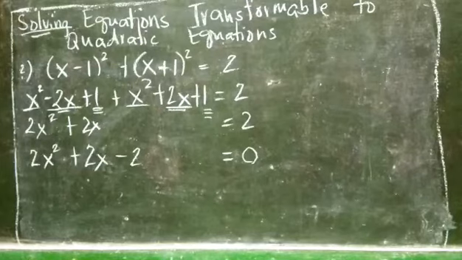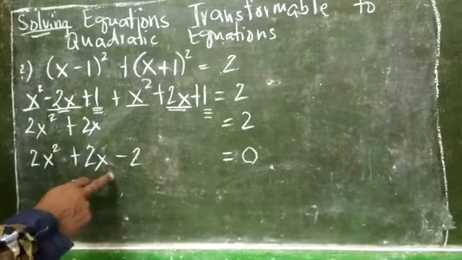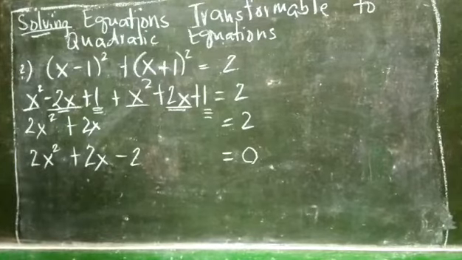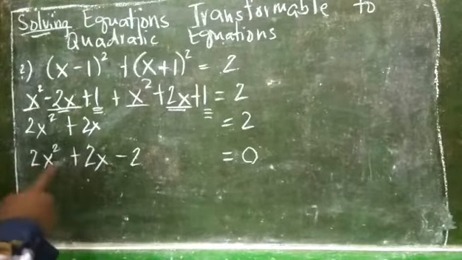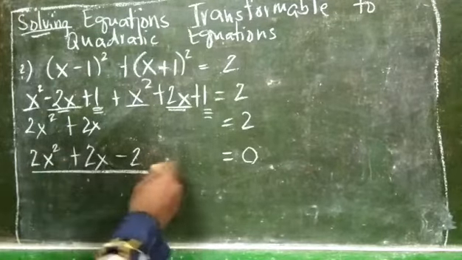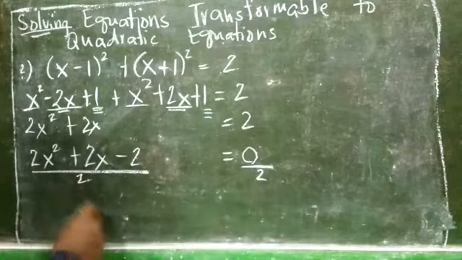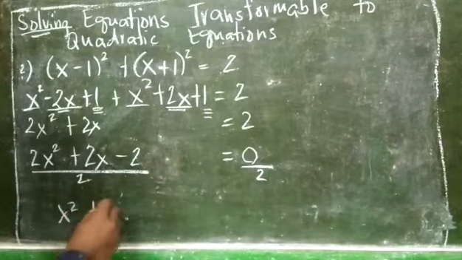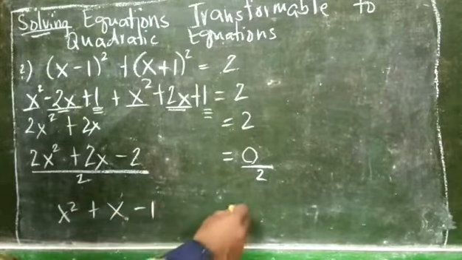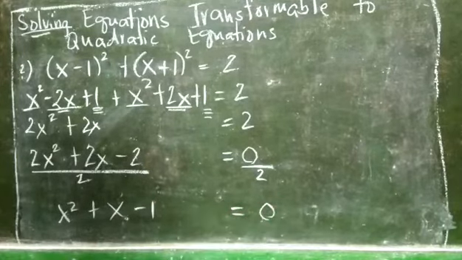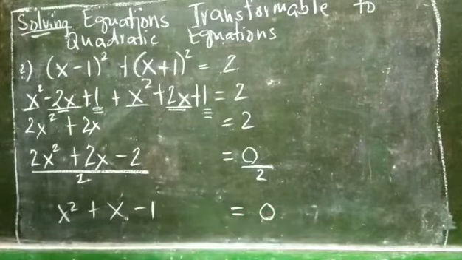Okay, so after that, kung mapapansin natin, pwedeng i-divide yung whole equation by 2, para mas simple. So divide both sides by 2. Okay, so x squared plus x minus 1 equals 0. Okay.